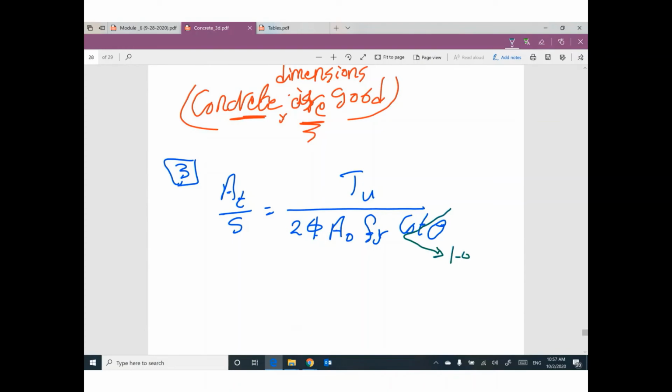Your angle theta equals 90, not 0. Because if your stirrup is vertical, the angle between the horizontal axis and the vertical stirrup will be 90. I'm sorry, tan 90 is 1.